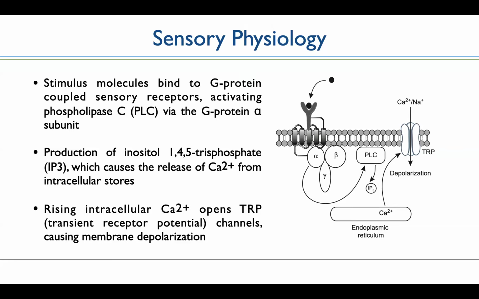Again, not a one size fits all here. If you remember the EAG setup, you're connecting the entire antenna with electrodes, and you're recording the activity of that antenna when you add a stimulus. We don't know what olfactory receptor or olfactory neuron is being triggered.